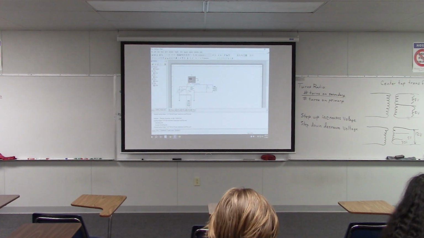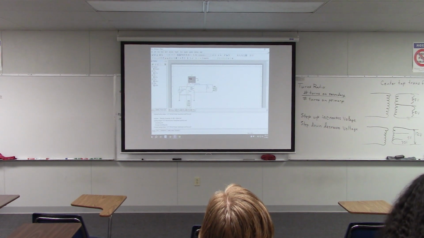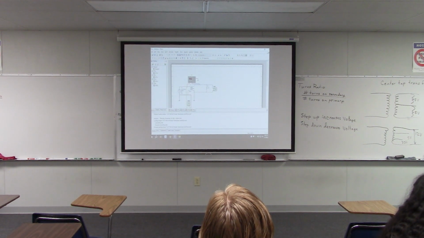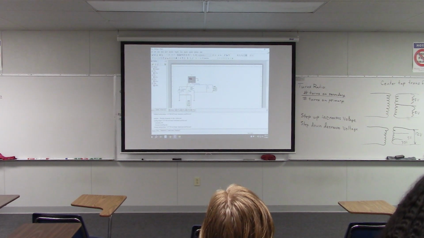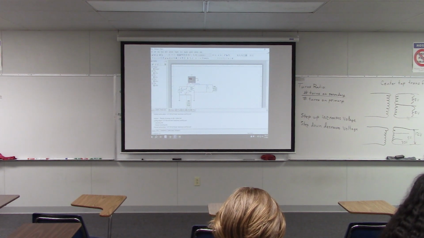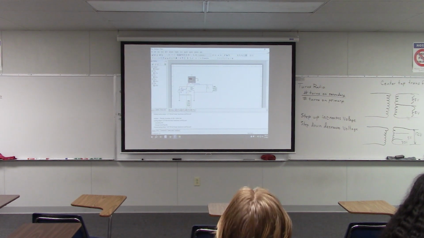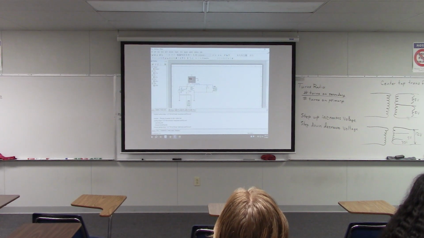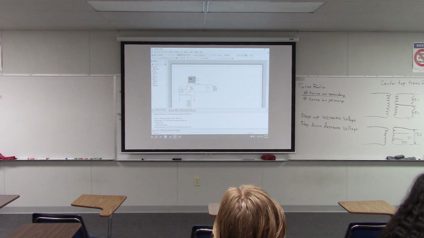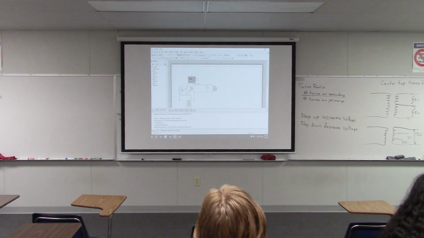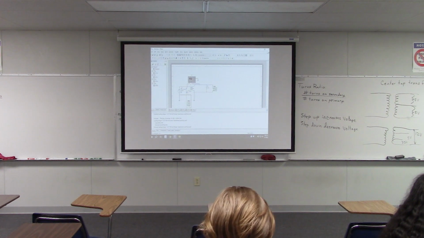When the voltage supply is a circle with a little sine wave in the middle, that means that it's an AC voltage supply. And this AC voltage supply is providing a voltage that's 141 volts peak.